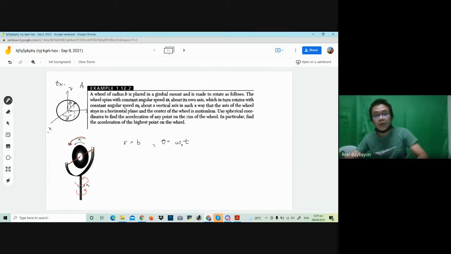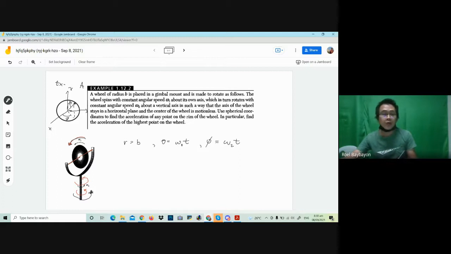And also phi, you get from the rotating gimbal, right? So phi is some angular speed, which is constant, omega 2 times time t.